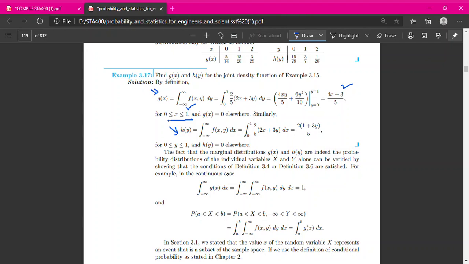Okay, plus 3Y ni akan jadi constant. So, okay, saya buat kat sini lah. Okay, will be 2/5. Bila you integratekan 2X, dia akan dapat 2X square over 2. Plus, bila you integratekan 3Y, jadi 3XY. Dan replacekan 0 and 1 dalam tu.